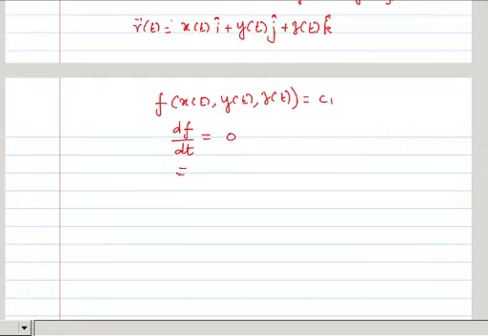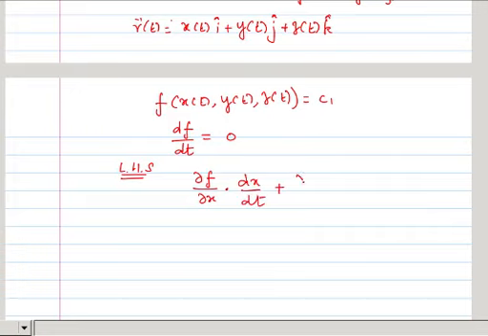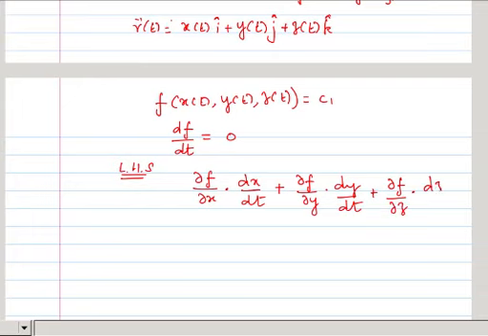The left hand side becomes dou f by dou x times dx by dt plus dou f by dou y times dy by dt plus dou f by dou z times dz by dt, equal to 0 from the right hand side.